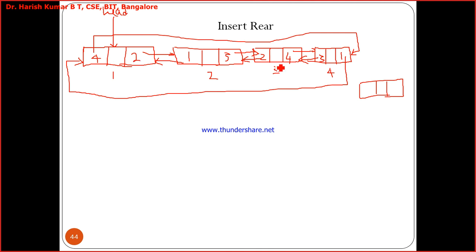And the number of nodes right now is 4. Let me write 4 in the info field of the header node. Clear, no?